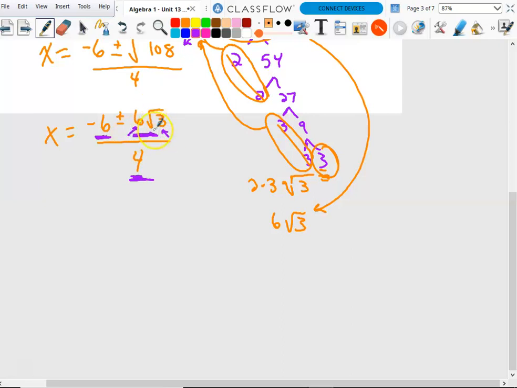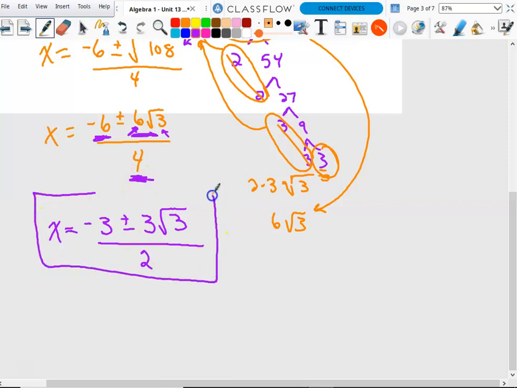That's one whole number. But when I'm reducing, it's only the number on the outside because he's outside, he's outside, he's outside. And I get x equals negative 3, 2 goes into 6 3 times, plus or minus 2 goes into 6 3 times. The root 3 is just chilling. I ain't messing with him. He's inside. He's in his own world. And then 2 goes into 4 twice. And this is generally how you will see your answer written.